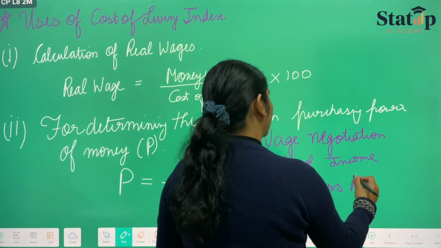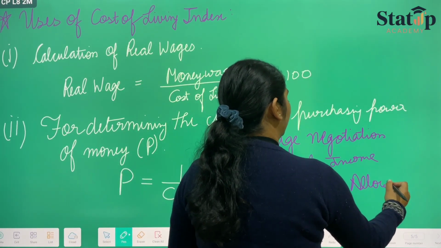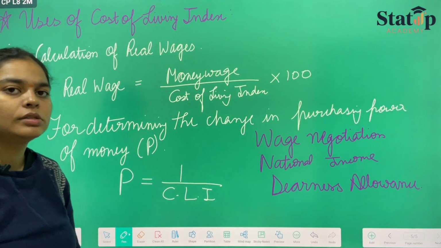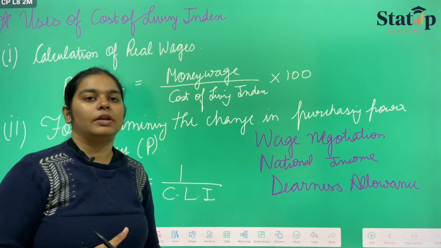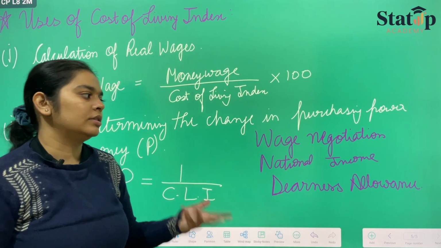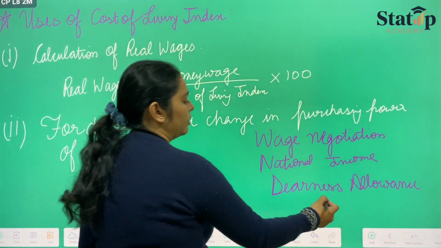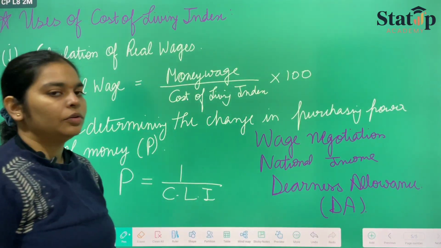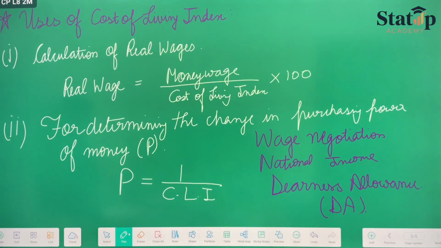What is dearness allowance? Dearness allowance is the bonus that should be given to the workers so that their income is matched to their standards of living. That is dearness allowance. It is also represented by DA. Okay. So this was all for cost of living index.